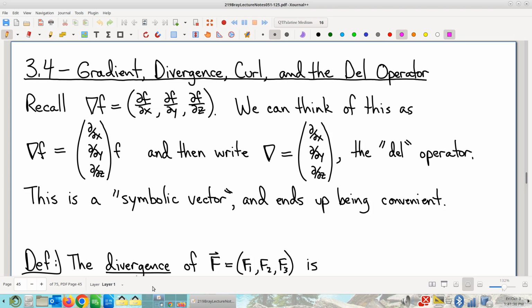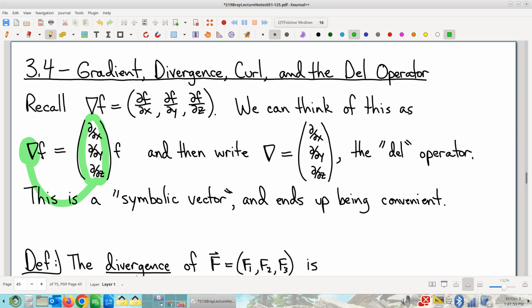Okay, so the first thing is just a notational point. Y'all remember gradient, of course, no big deal. And the idea is to separate out this operator. So an operator is something that does stuff to a function. Basic way to think about it. So here we have an operator.